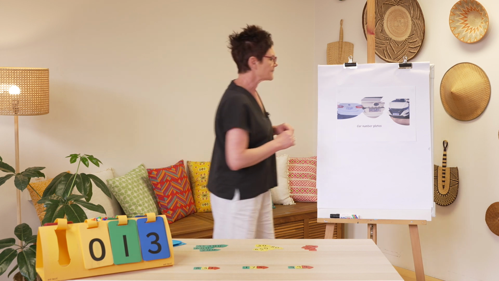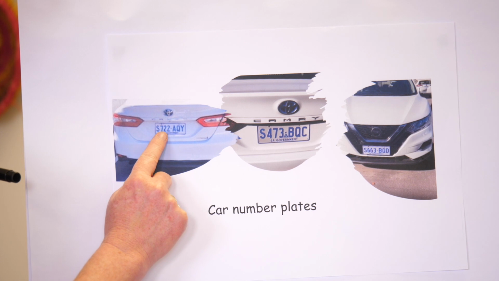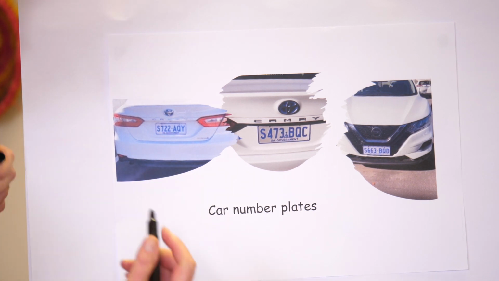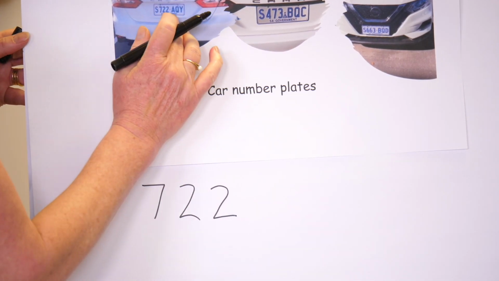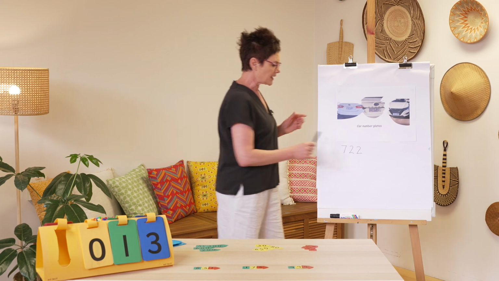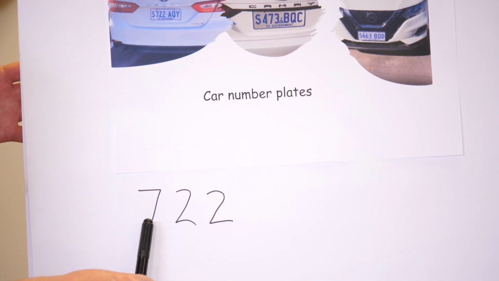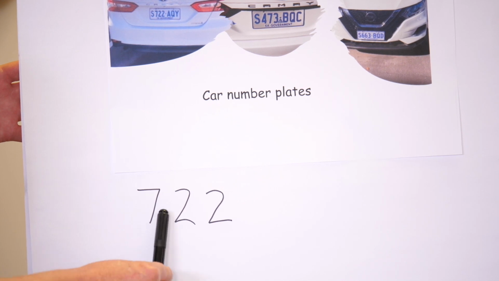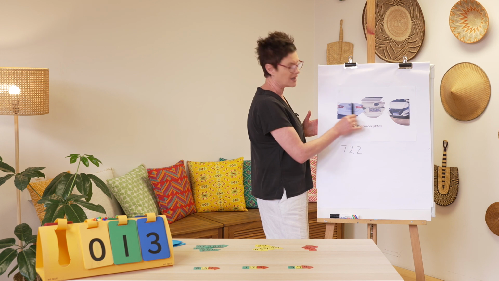Let's have a look at some car number plates that I have had a look at this week. All right, so the first one is a license plate that has 722. The digits 722. So I can write that down and I can say that number. This number is, that's right, it's 722. That's my first car number plate.